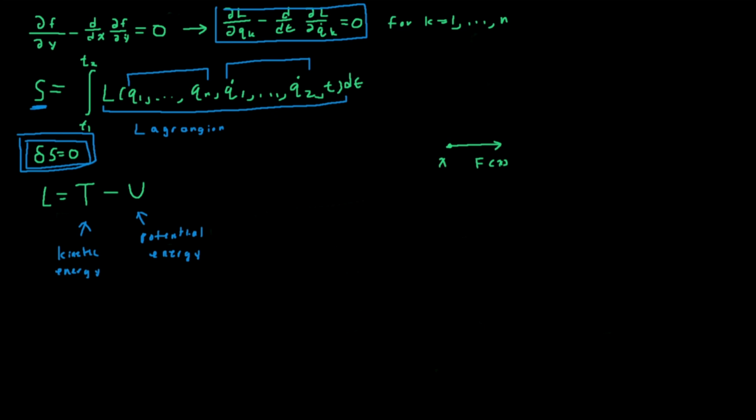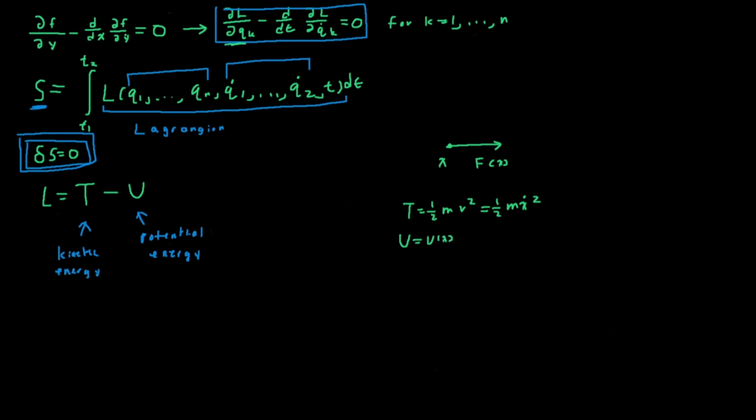So the particle's kinetic energy is, of course, going to be T equals 1/2 mv squared equals 1/2 m x dot squared. And the potential energy is going to be a function of x as well.